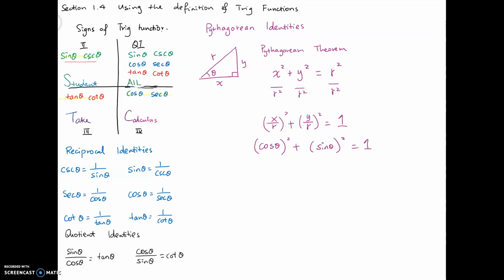But to make everything clear, we're going to write the square after the cosine or sine or tangent, before the angle theta. And that is our first Pythagorean identity.